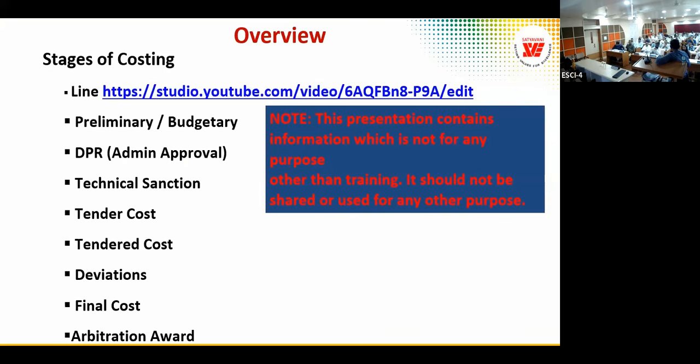Until the final bill is settled. In DEPMC, it is there. In DEPMC, even if the contractor goes for arbitration, the consultant is responsible, because in arbitration, there can be points related to technical only, delays due to technical reasons only. So the consultant should be held liable for that.